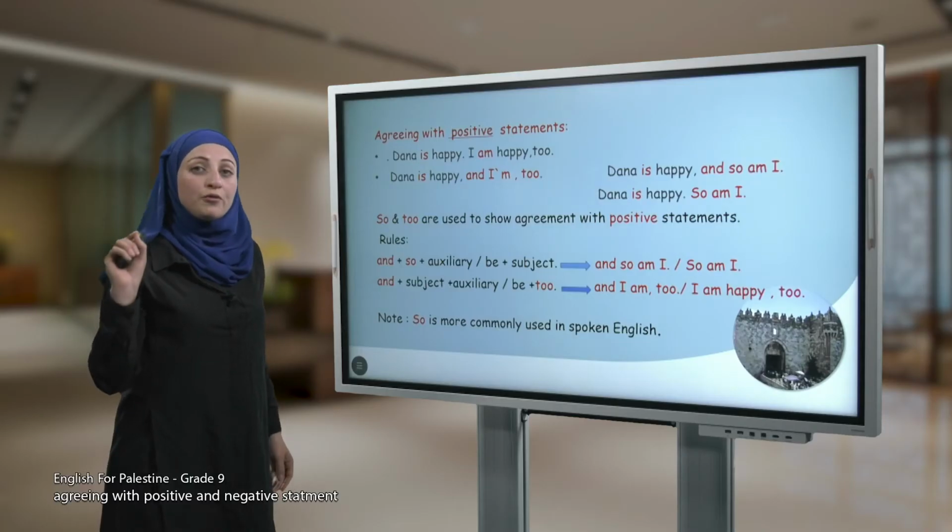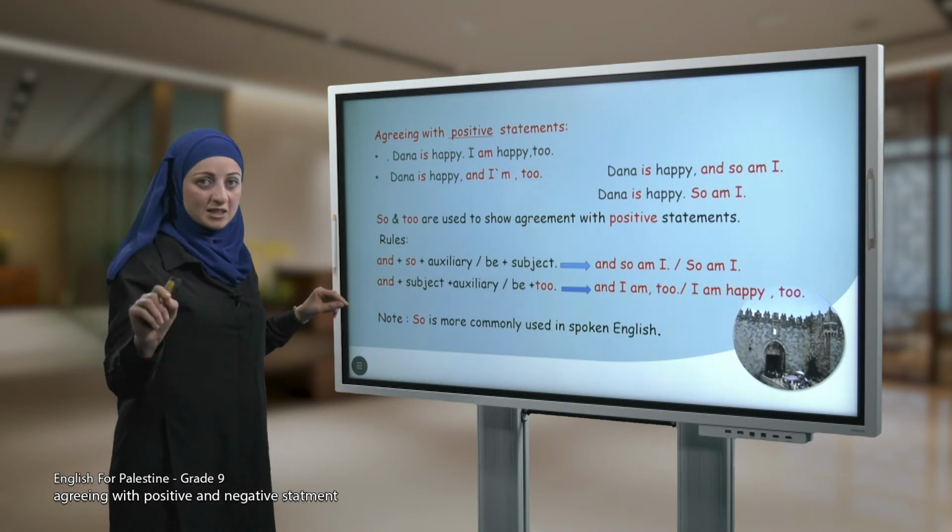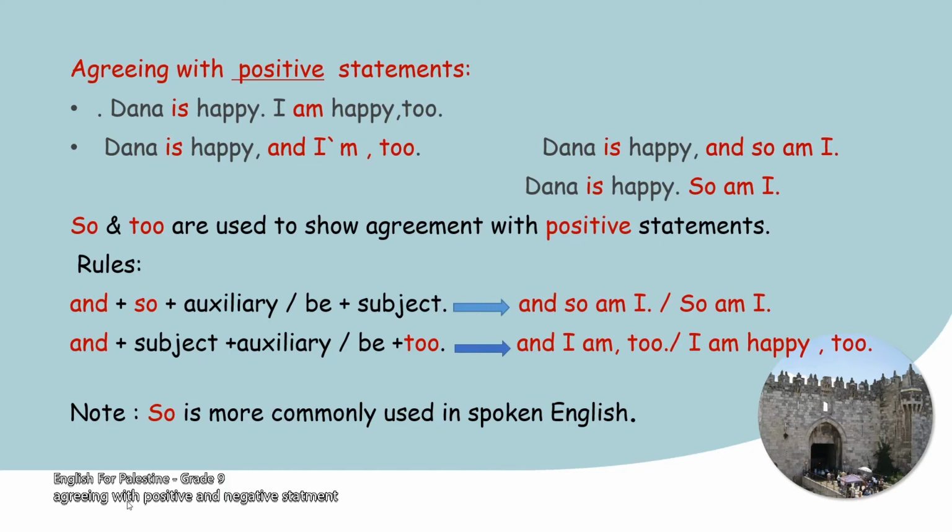So you have to follow the following rules to agree with positive statements. And plus so plus auxiliary verb to be plus subject. Here you can agree either using and so am I or deleting and use so am I. Number 2, and plus subject plus auxiliary verb to be plus too.